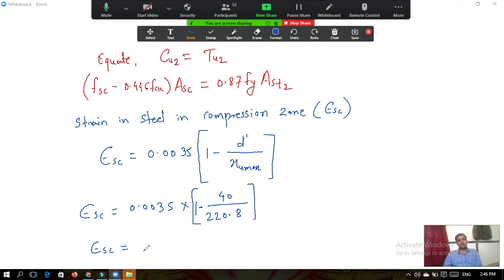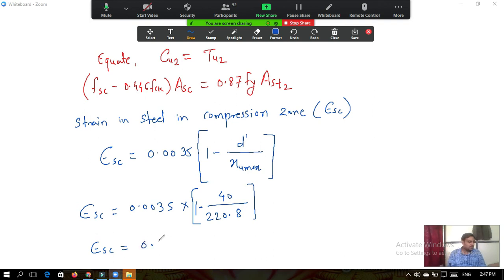What is the value of strain in steel in compression zone? What is the answer? 2.86 into 10 raised to minus 3. So instead of 2.86 into 10 raised to minus 3, I can write 0.00286.